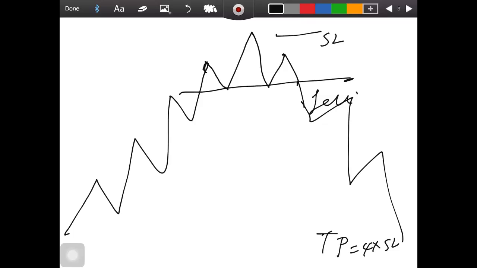Most times in an uptrend like this, you will be looking for buy opportunities in the pullback, but then a time comes when everybody is buying, and the price really needs to do a reversal or a correction before it can even go up higher.